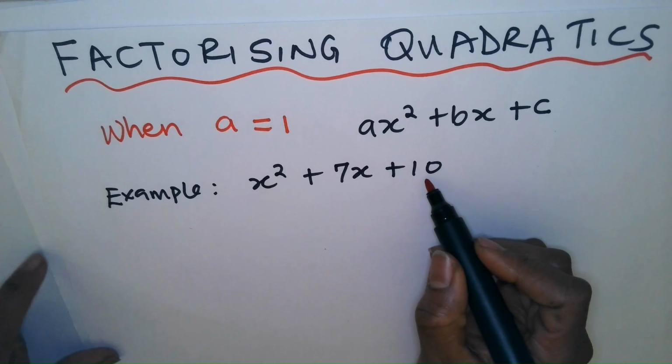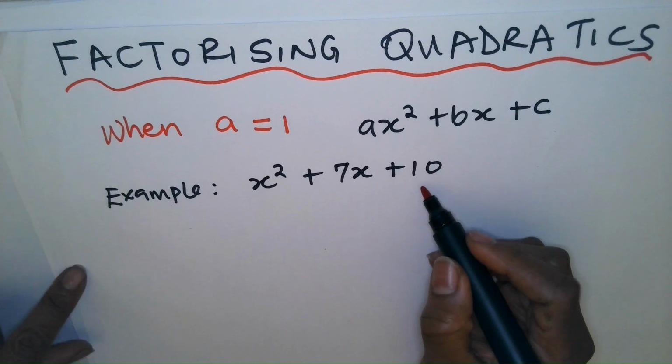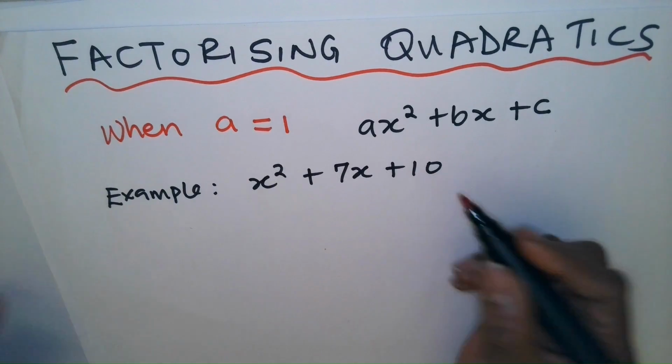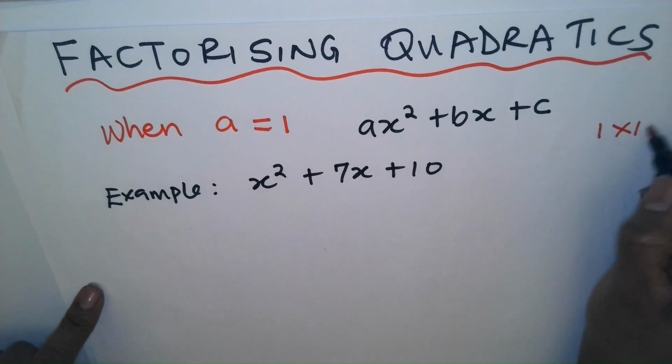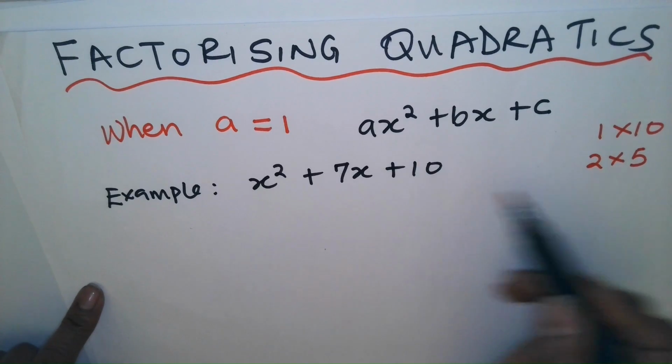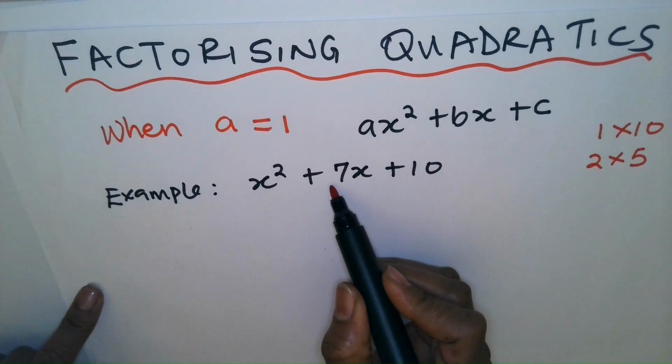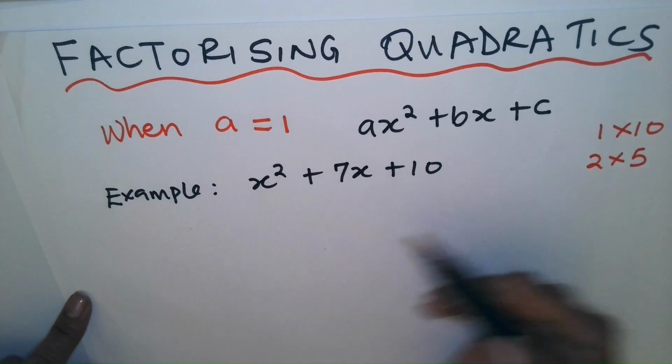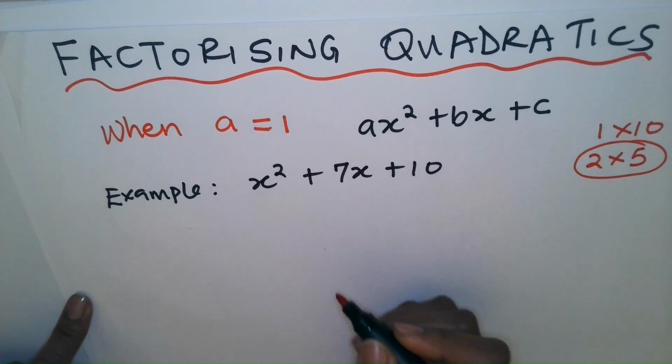So now we're going to find two numbers that we can multiply to give us 10. And these two numbers could be 1 and 10, 2 and 5. So because 2 plus 5 is going to give us plus 7x, we're going to choose this one.